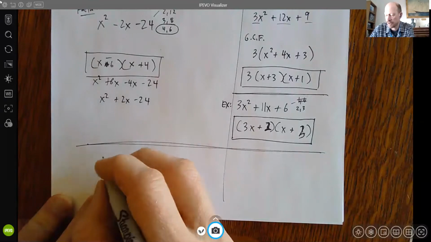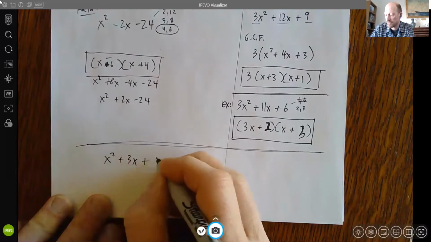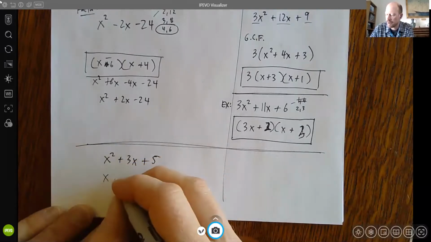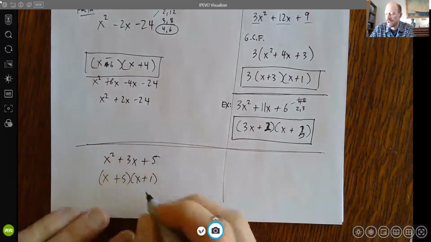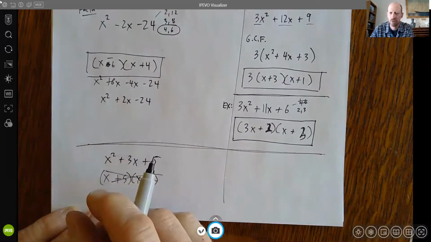And that's true for trinomials as well. X squared plus 3x plus 5. It seems like an ordinary enough trinomial, just like the rest of the ones we've looked at. But no matter how you put in the options for 5, you can't get them to add up to 3x.